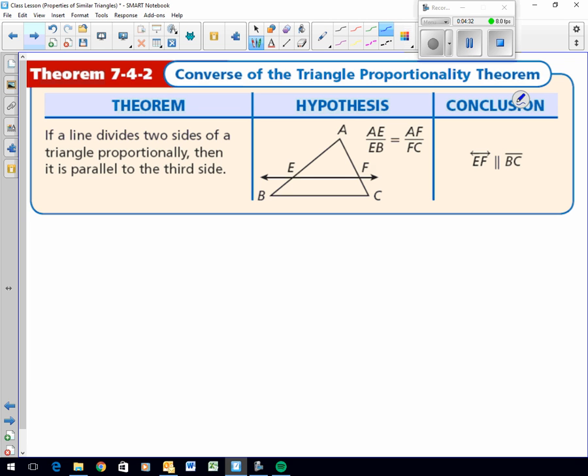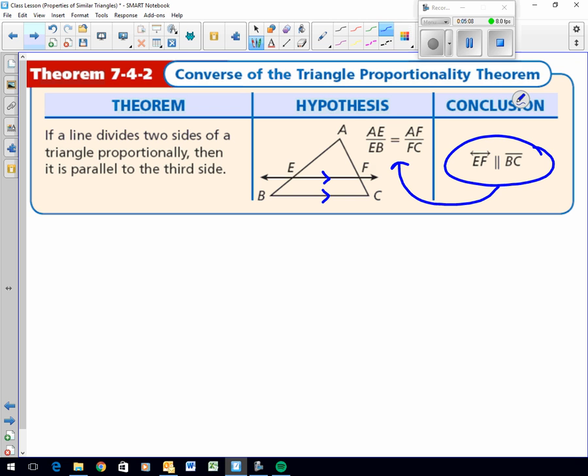In other words, if I take the measurement of AE over EB, and that measurement is proportional, has the same ratio as AF over FC, I can conclude that EF is parallel to BC. So in the first example, I took this information to conclude that this was true.